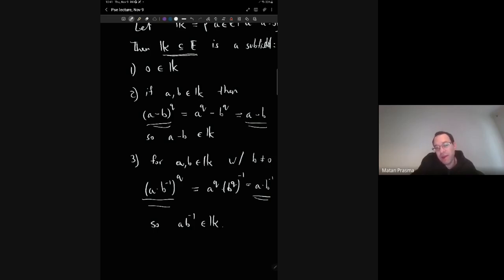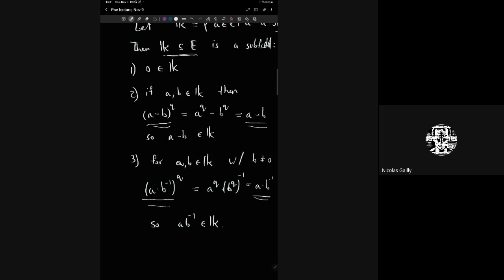We know that the set has to be of size Q, right? And now if A is an element in K, then by definition, A to the Q is equal to A, because A to the Q minus A is equal to 0. Oh, sorry, yes. Okay. It's stupid.